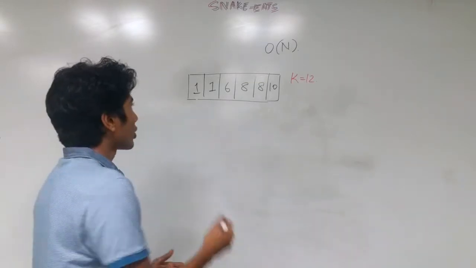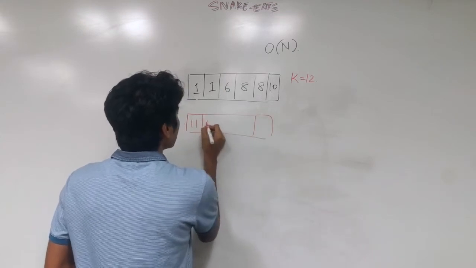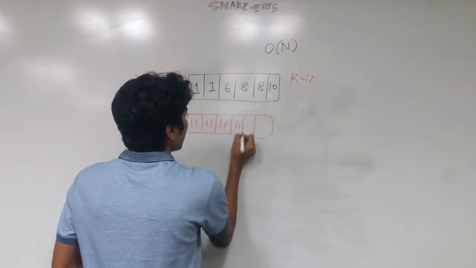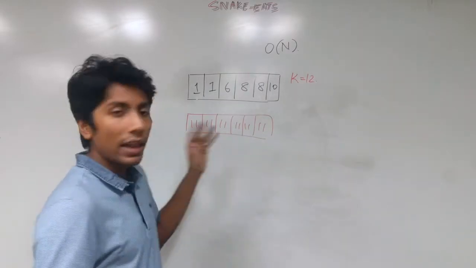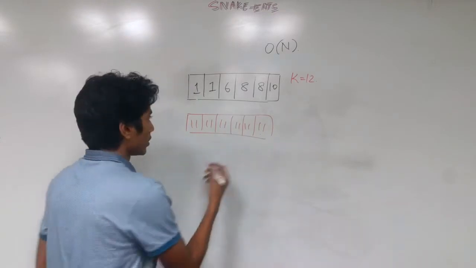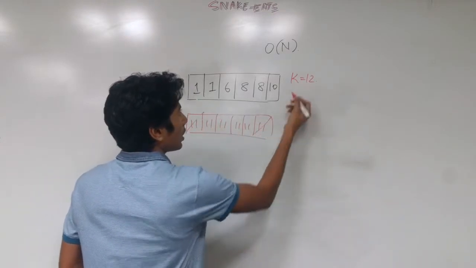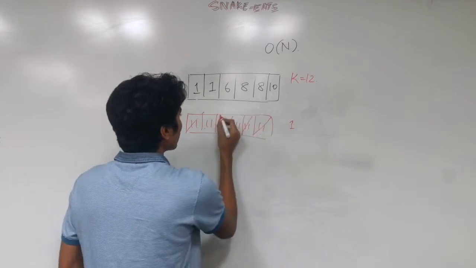No, because you could have the array of all 11s. Okay, this is a weird way to have the array. You could have all 11s in your array, and then this snake needs 1 snake to reach k. So that's one computation. This snake again needs 1 more snake to reach k.